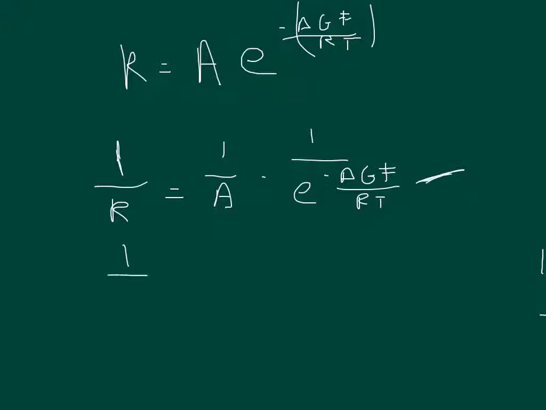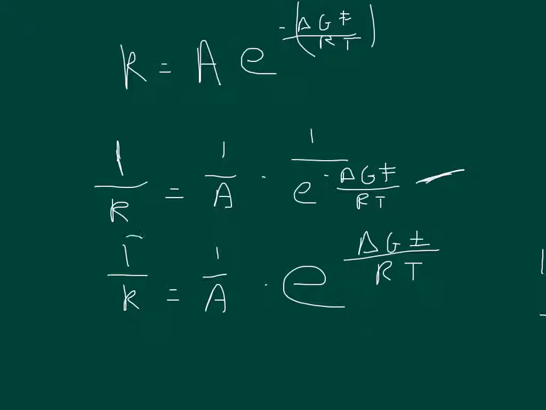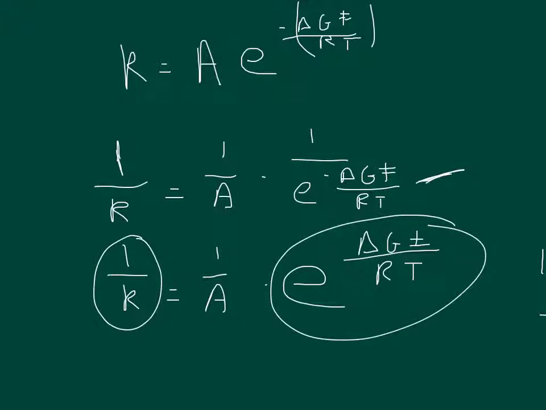So 1 over K is equal to 1 over A times e to the delta G transition state over RT. What this shows us is that K is inversely proportional to e to the delta G over RT. In other words, the larger that this number is, the smaller K has to be.